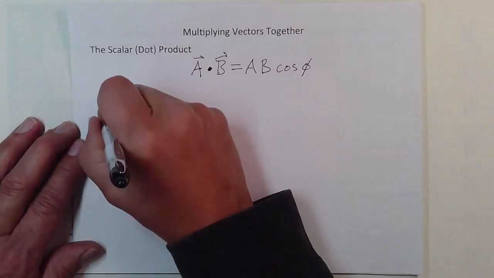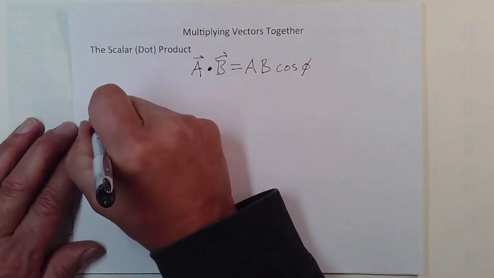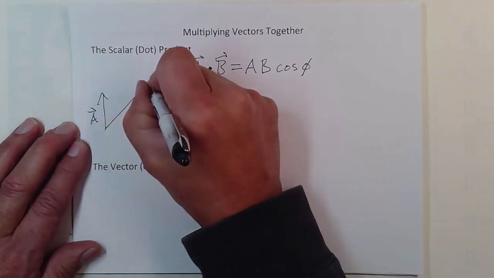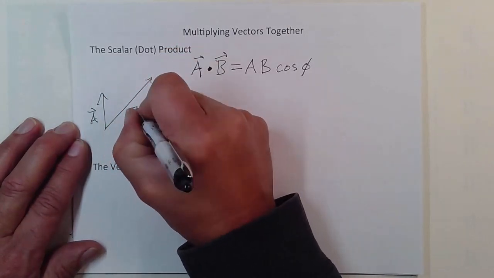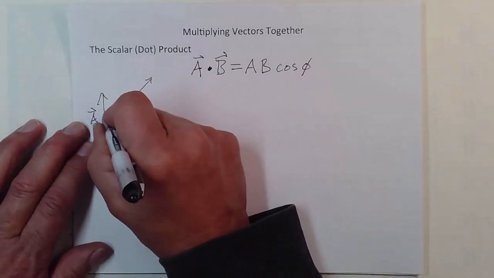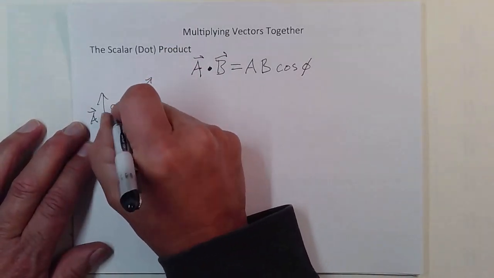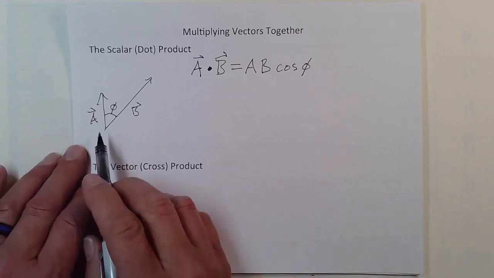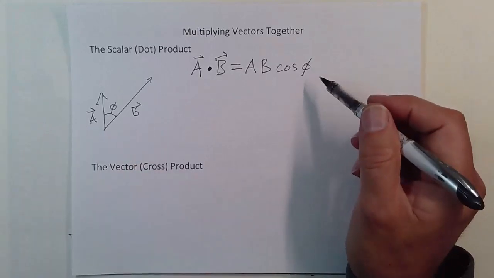If you imagine A is a vector pointing this way and B is a vector pointing that way, then the angle between them is phi, which is what I'm using for it here.